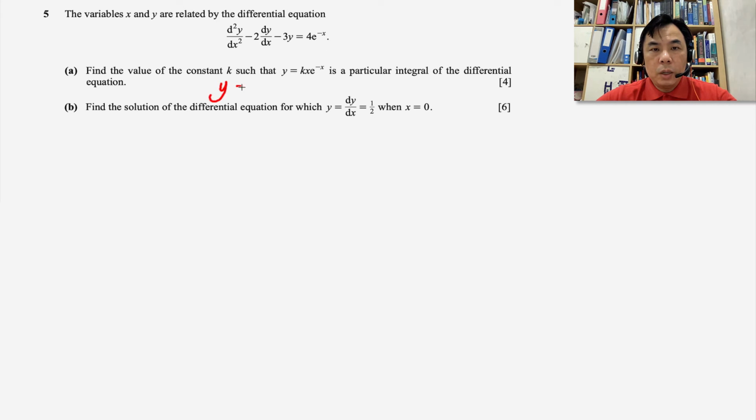We have y is equal to negative x exponential negative x. That's our particular integral. Now next, in order to find the specific solutions to these differential equations, we need to find its complementary function. So to find its complementary function, we need to work out its characteristic equation first.